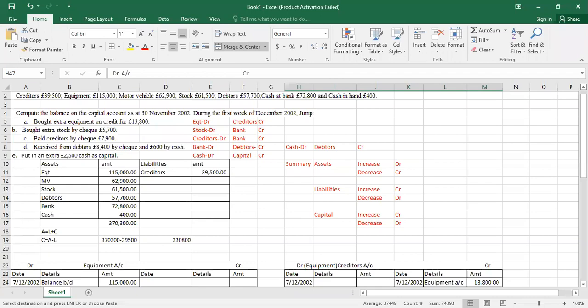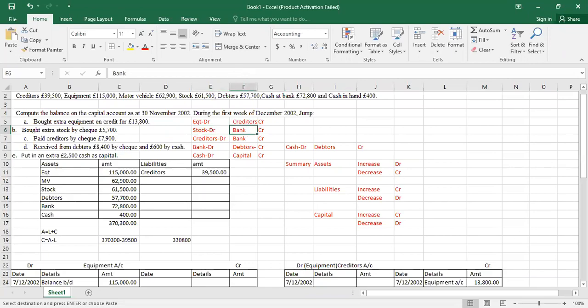You get? So we go on, we go to 2, bought extra stock by check. Somebody to guide us? Bought extra stock by check. So which books are we affecting? We even have the books here. You see the reason why we were summarizing.